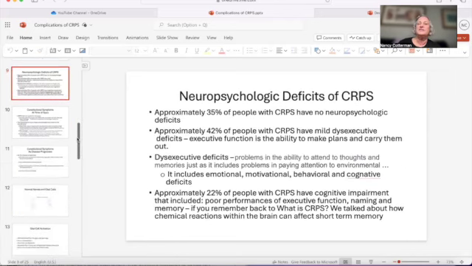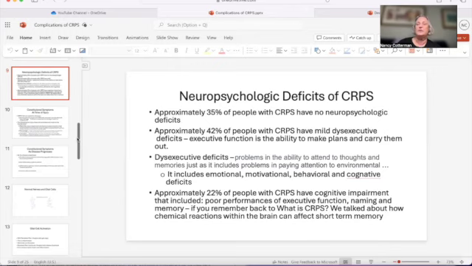The neurophysiologic deficits of CRPS: about 35% of people with CRPS have no neurophysiological deficits. Approximately 42% have a mild dysexecutive deficit. Executive function is the ability to make plans and carry them out, and this is disrupted in many patients with CRPS.